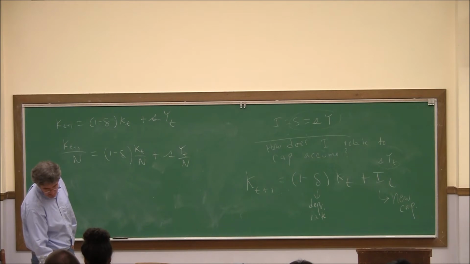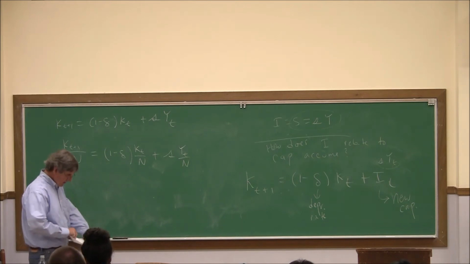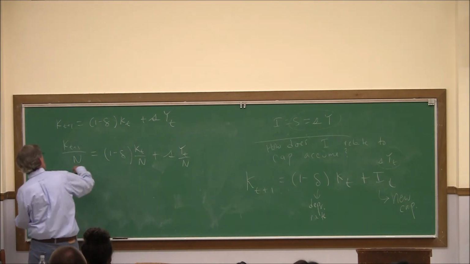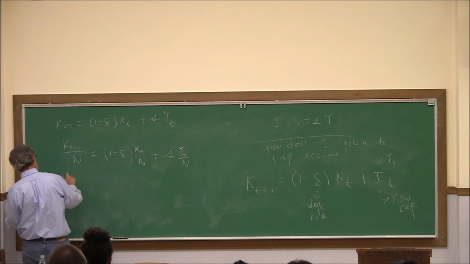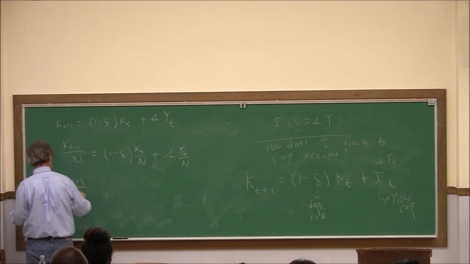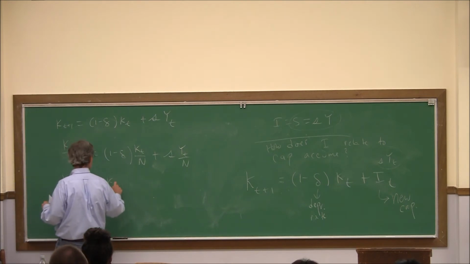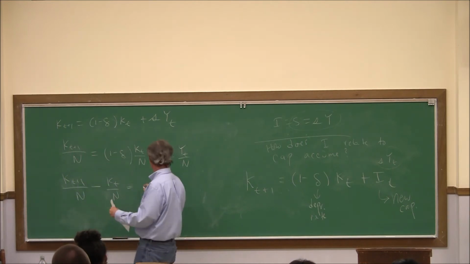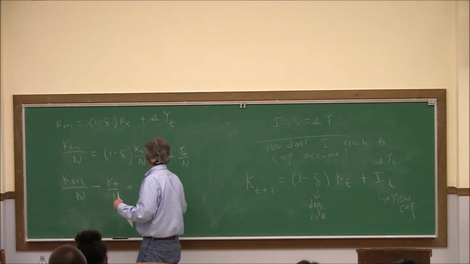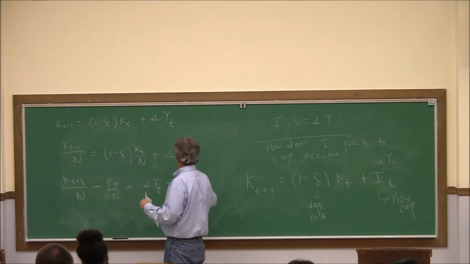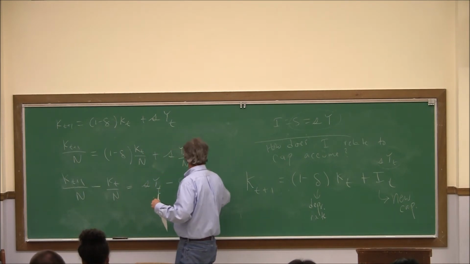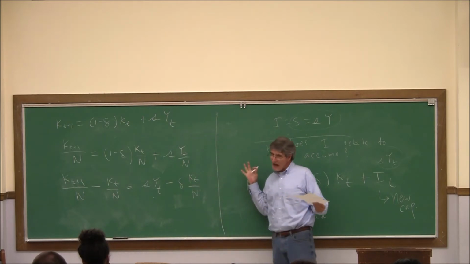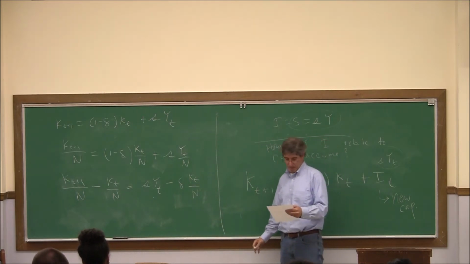Then we just said, okay, finally, let's bring that to the other side. So K_{t+1} over N minus K_t over N equals, I'm going to switch this around so we don't get the minus sign in front. So that's just that capital accumulation equation.